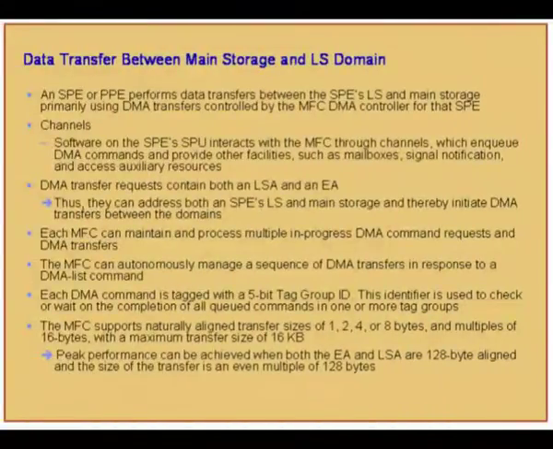Each DMA command is tagged with a 5-bit tag ID. It's basically just an identifier for one particular DMA transfer. All SPEs can initiate DMA transfers, and the PPE can also initiate DMA transfers. However, DMAs from SPEs only are recommended, for a few reasons.